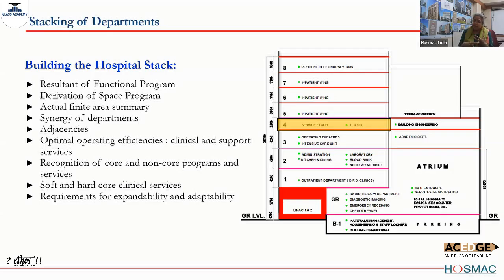The MRI goes into a higher equipment mode. The LINACs have changed, linear accelerators for cancer. So all this is progressive science. And we must keep in mind that expandability and adaptability comes in when we plan a hospital for a good 50 years, I mean 75, 100 years.